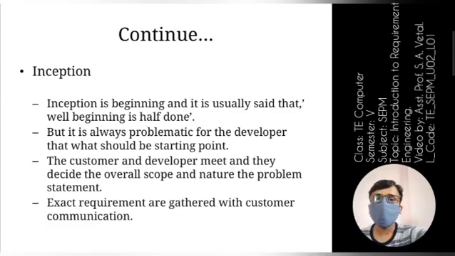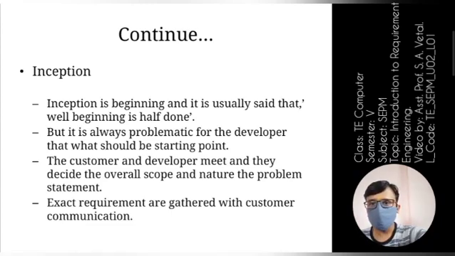But in the software development process, what happens? It is always problematic for the developer to know where to start. He cannot understand where he has to begin, so this saying can be problematic.